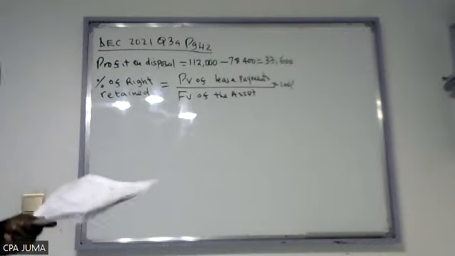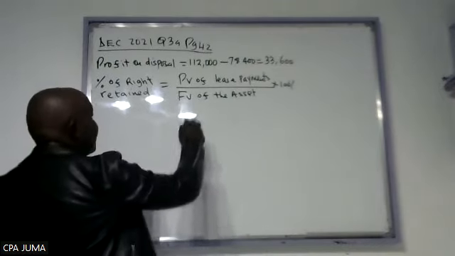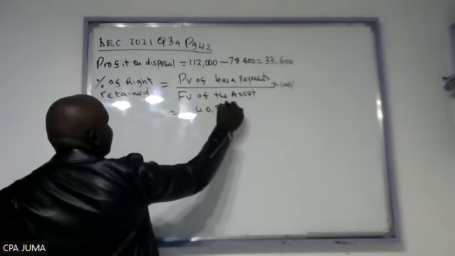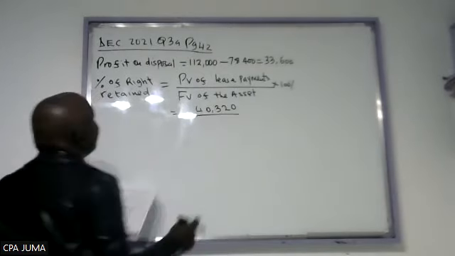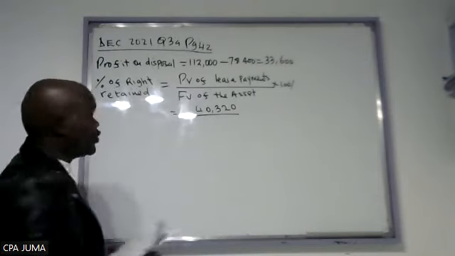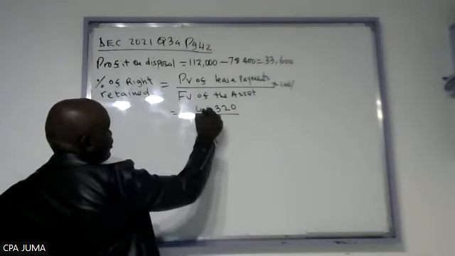The present value, they have said it is 43.20. So this is 43.20 divided by the fair value. Fair value was 112. So you divide by 112.